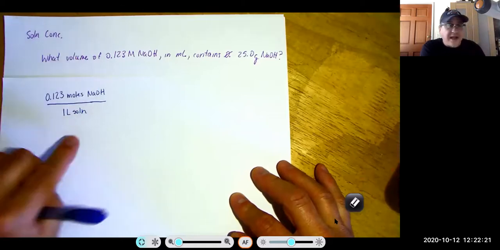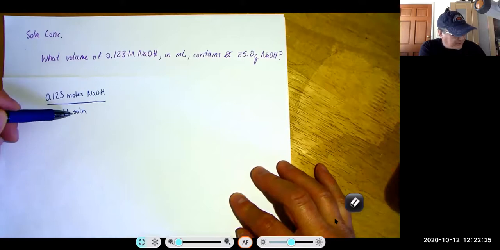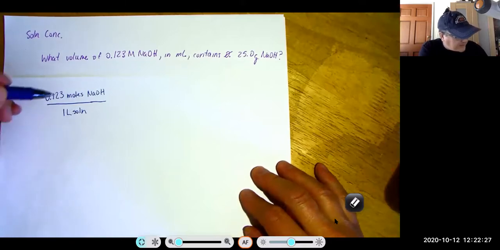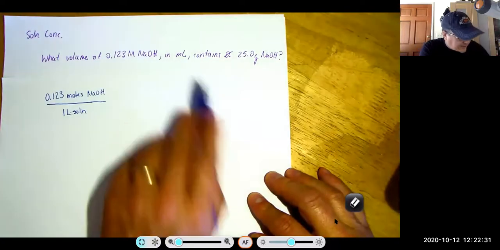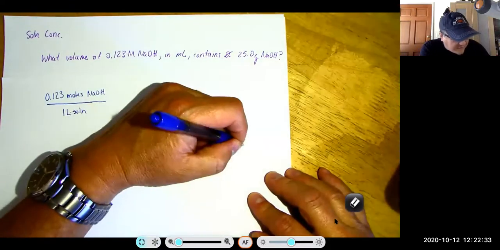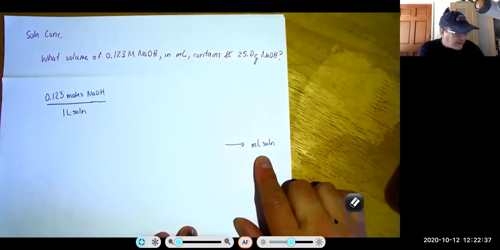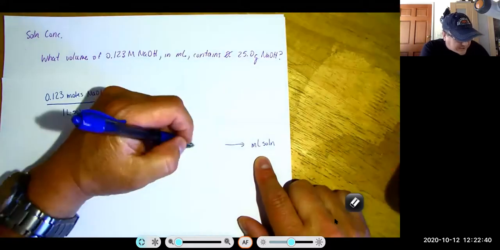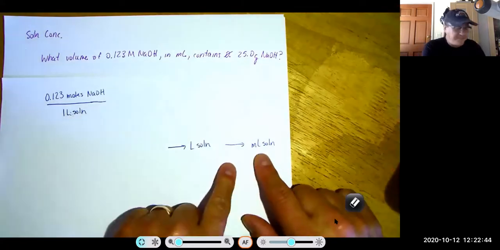So when you write that out, you see that you can go from liters of solution to moles of solution, right? Now they want the answer in milliliters, so I have the feeling that to get my answer in milliliters, I'm going to have to first get my answer in liters and then convert to milliliters.